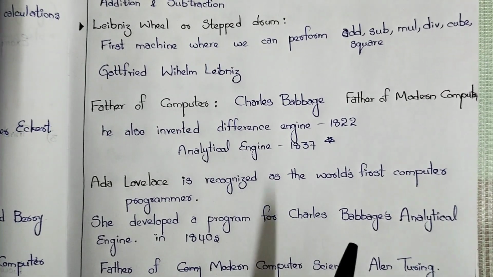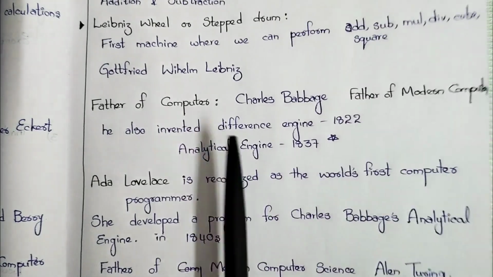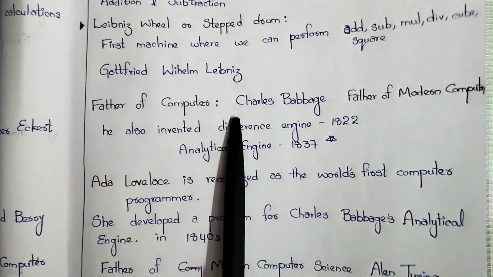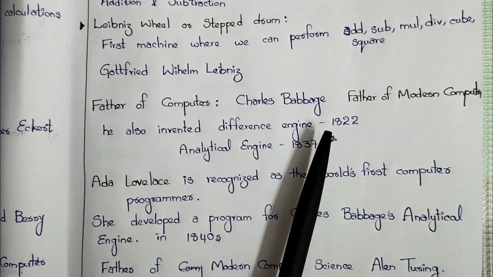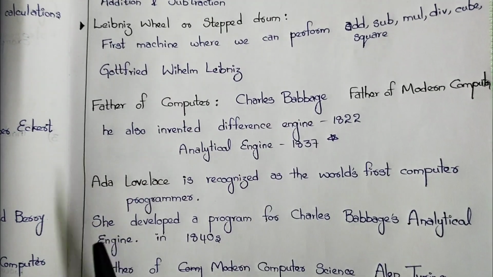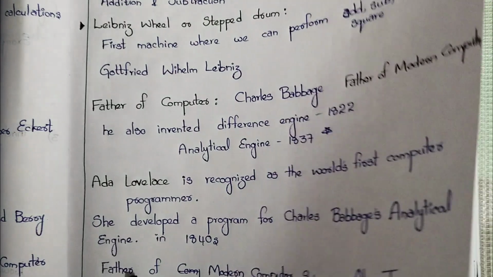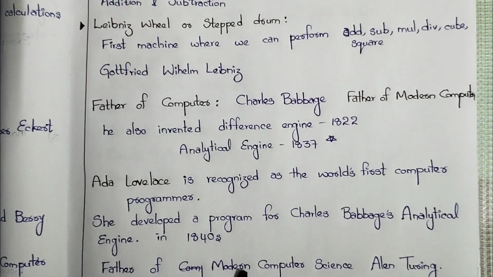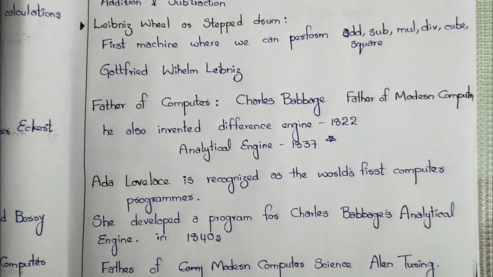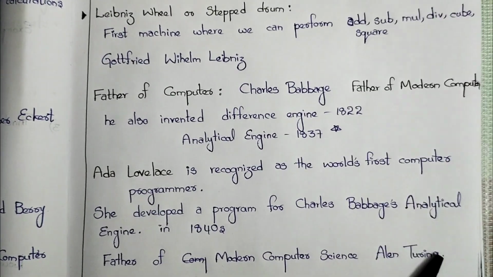If in your exam there is a question asking who is the father of computer, then your answer should be Charles Babbage. If the question is who is the father of modern computer science, then your answer should be Alan Turing. Okay, I think I am clear.